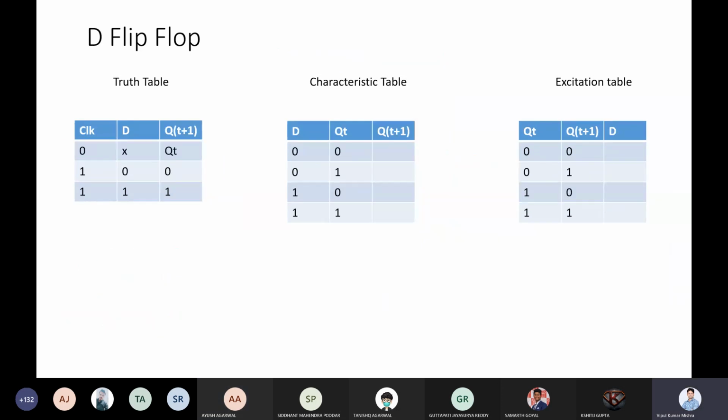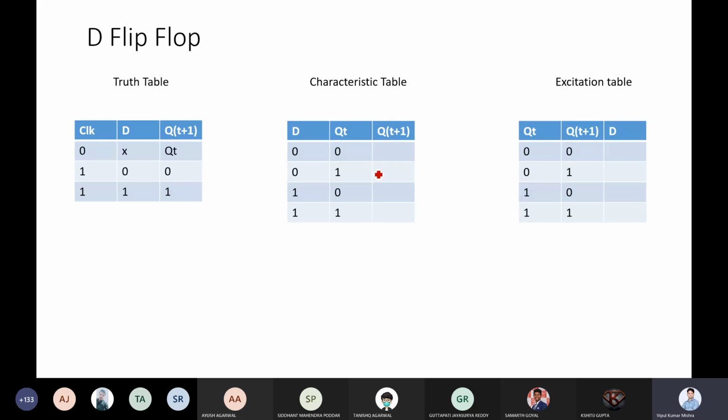Okay, cool. If you don't have any doubt, let's fill this one. This is quite simple, just quickly do it. What should be the characteristic table and what will be the excitation table? Take 1 or 2 minutes and fill the values. What should be the Qt plus 1 and what will be the D values?